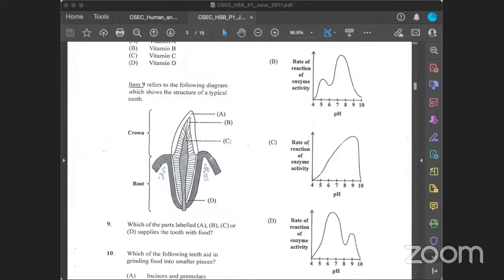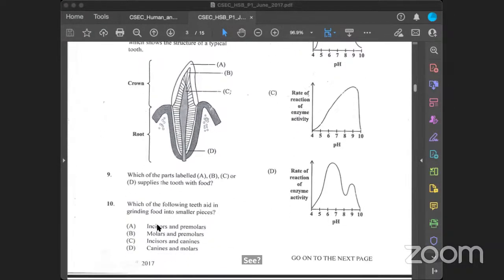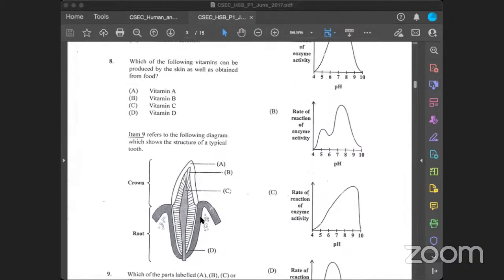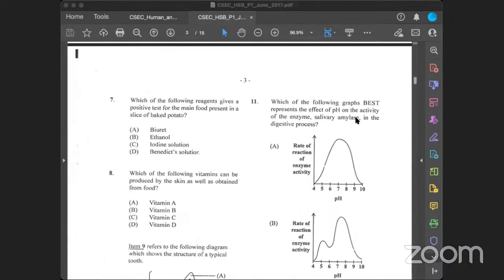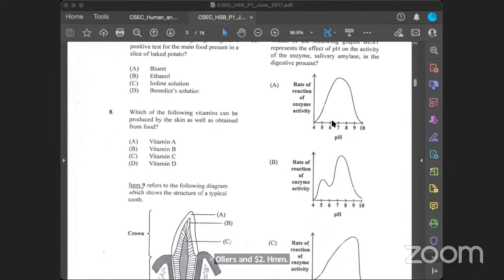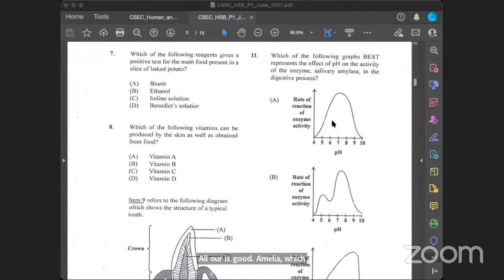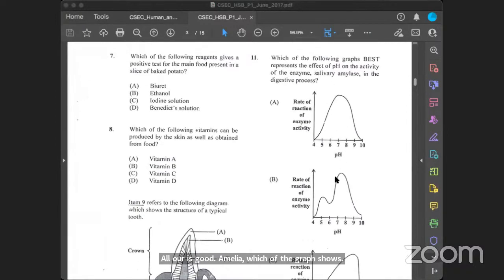That would be C, the pulp cavity. Yep, that's correct. Grinding food, we took that just now. Molars and premolars, B. Good. Which of the graphs shows amylase function? A is correct.